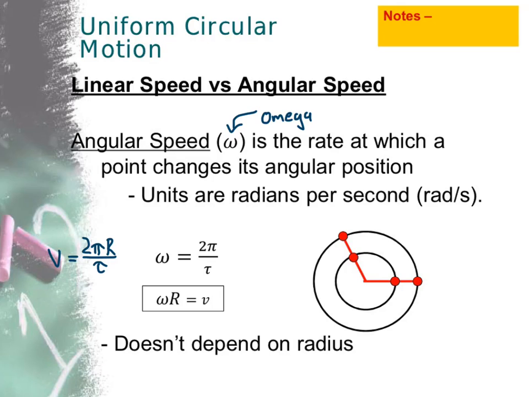Now notice that 2 pi divided by tau is equal to omega, so I could replace those 3 things with omega, and I come up with this formula that omega times R is equal to linear velocity. So there is a relationship between angular velocity and linear velocity.